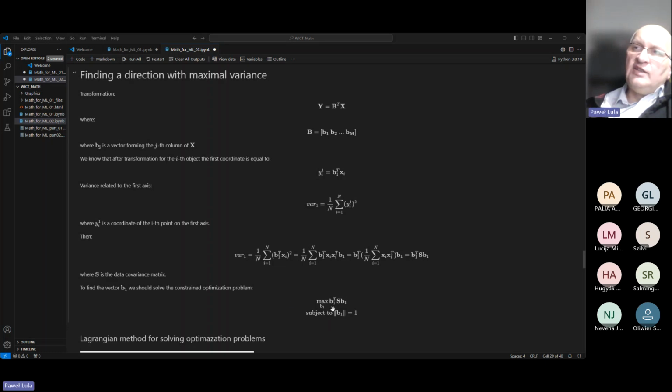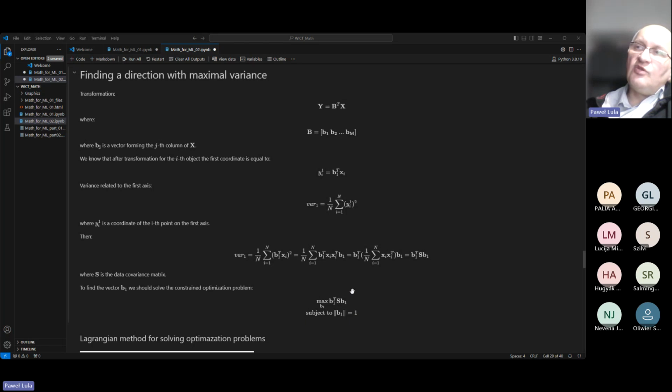I'm going to find parameters of B in this way, for which we will get the variance as high as possible. And also I want to have all coordinates in this B vector calculated in this way that the length of this vector is equal to 1.